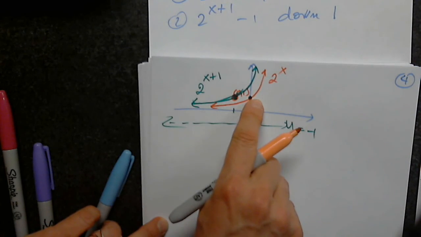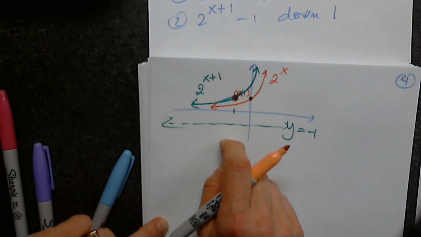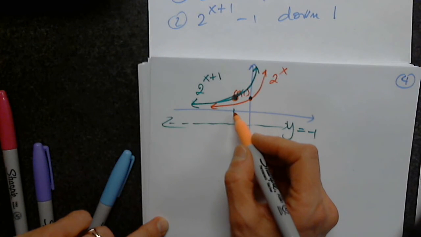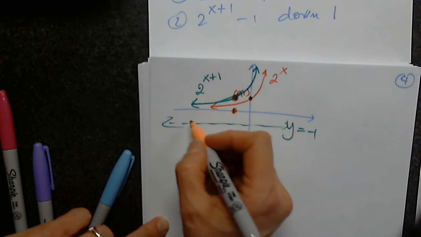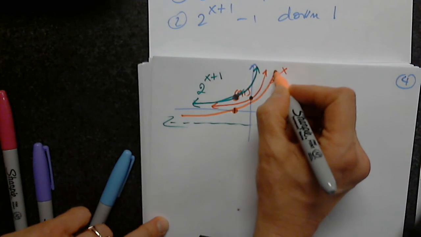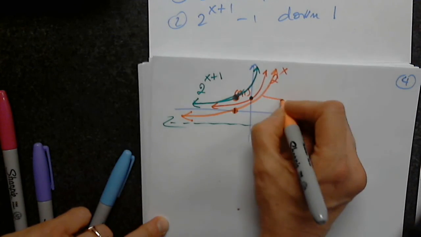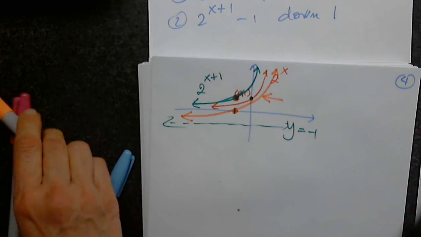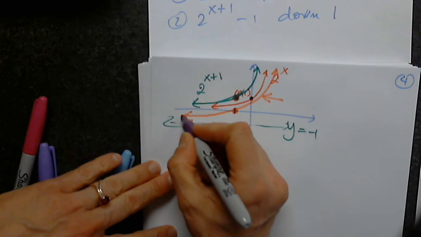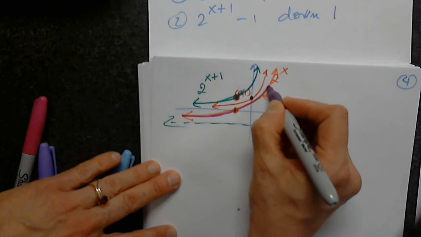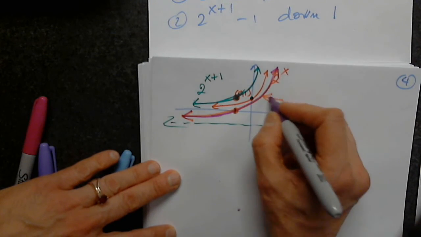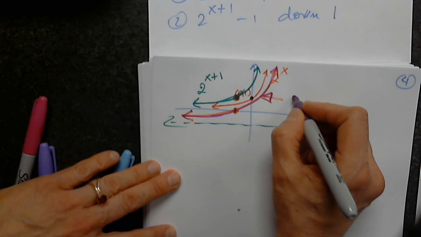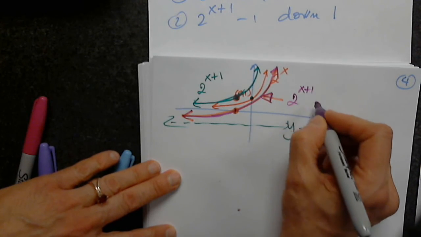From negative 1, 1 to? Negative 1, 0. Here it is. So this is the graph. I should have used a different color. Sorry about that. I don't know where it crosses the y-axis. I have no clue. But this is the graph or the shape of 2 to the x plus 1 minus 1.